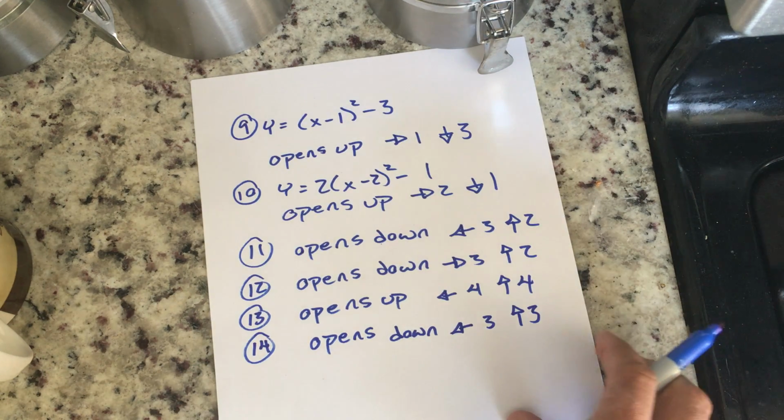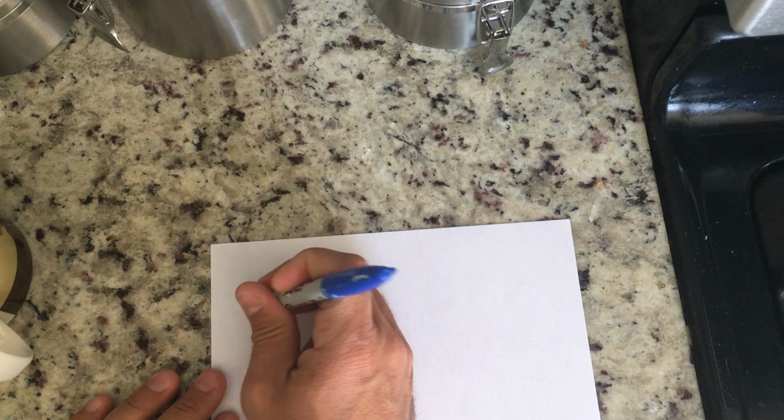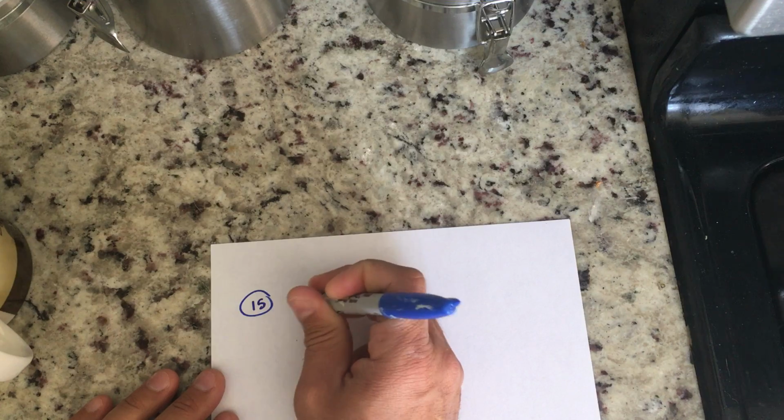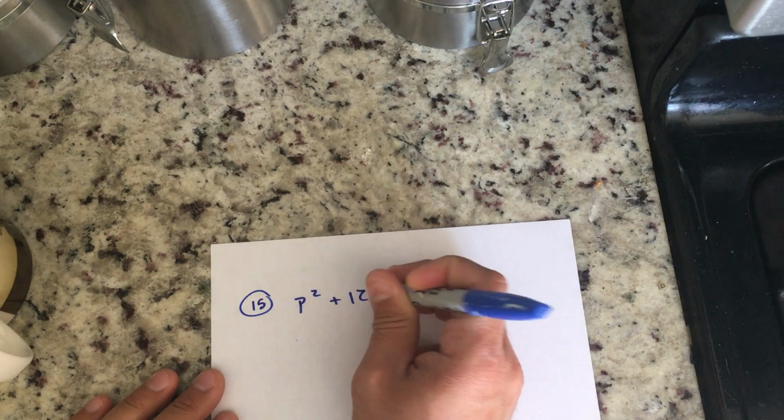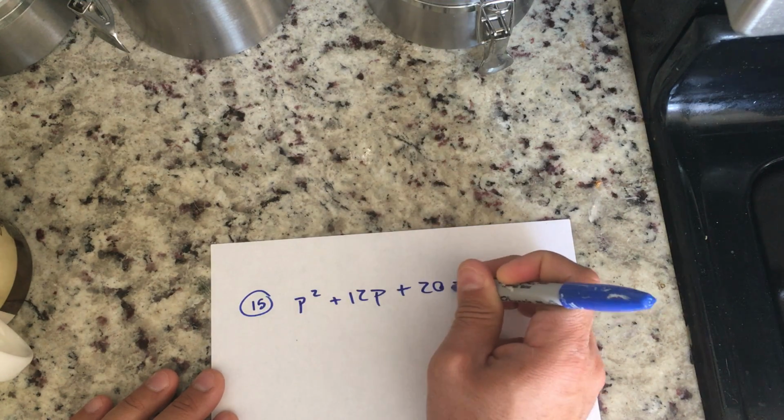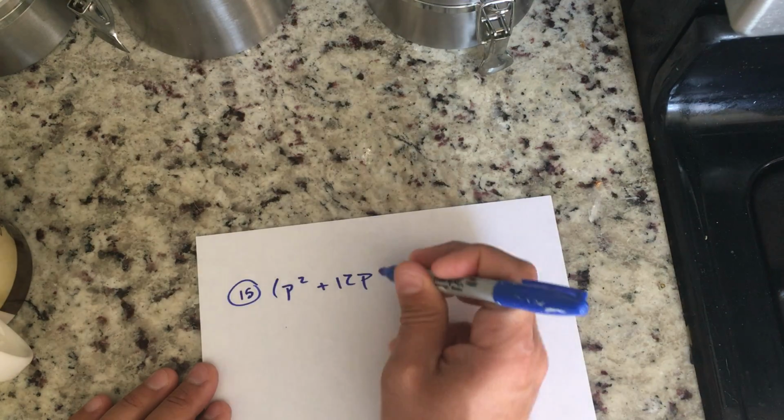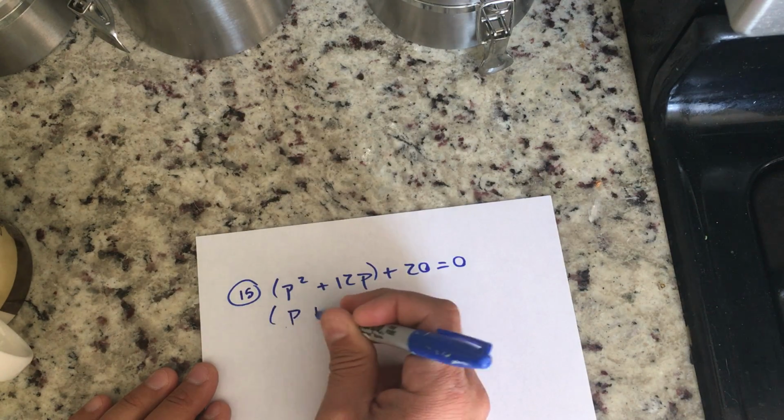Next ones are asking me to complete the square. It's going to be a little bit more tricky. So 15 tells me p squared plus 12p plus 20 equals 0. So we drop an x from each.